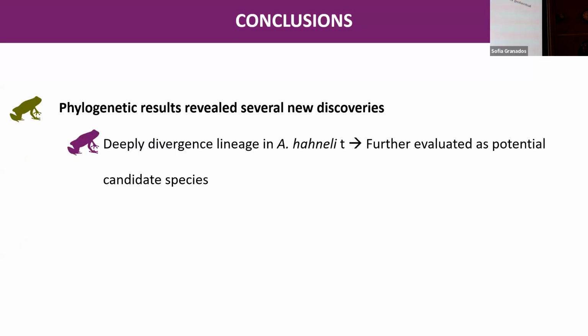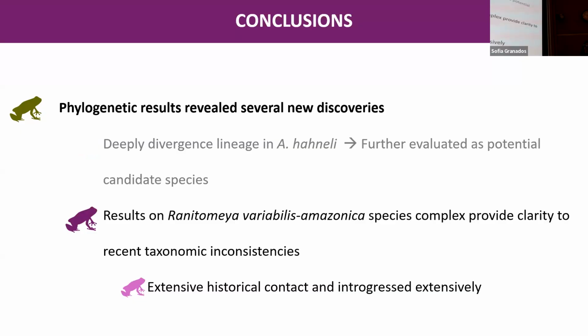And then in terms of the phylogenetics, I have some new discoveries. For example, the clade in Amarega hanley needs to be evaluated as a potential candidate species. And my results on this Variabilis amazonica species complex provide some clarity to the taxonomic inconsistencies that we had in the past, since we detected historical contact and introgression.